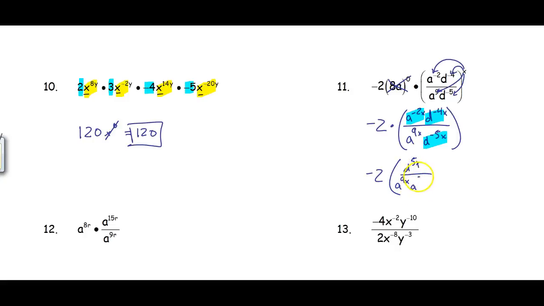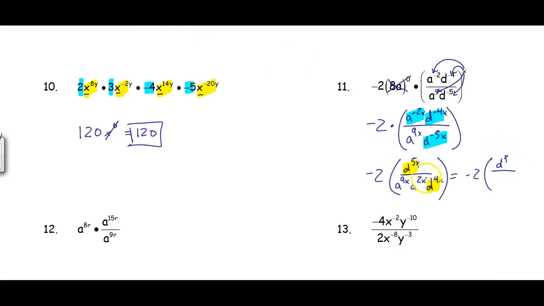What are we moving down? A to the 2x, and d to the 4x. Keep simplifying. You have negative 2 times d. 5 minus 4 is 1x, so d to the x over.